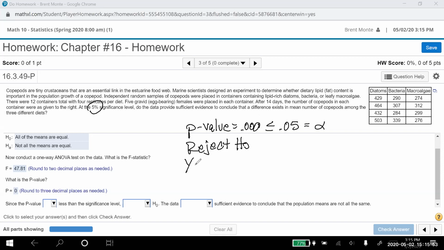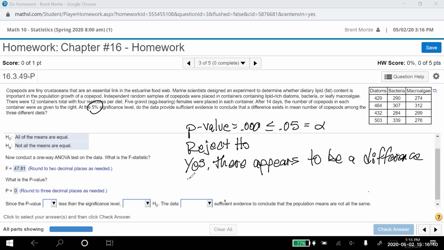And we would say yes. There appears to be a difference in number of copepods among the 3 different diets.